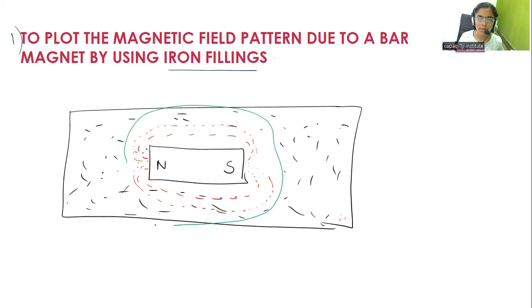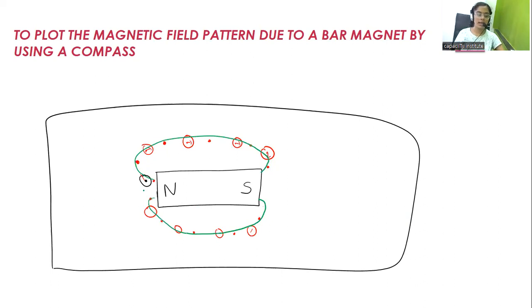In the same way, using the compass also, we can observe something like this. What are these called? These are the magnetic field lines obtained by joining the various positions of the compass. This is how we are plotting the magnetic field.